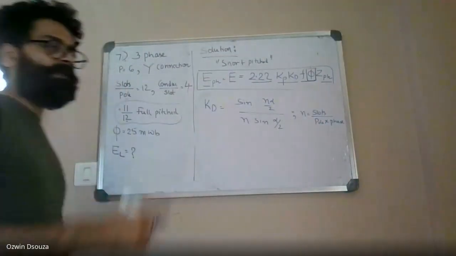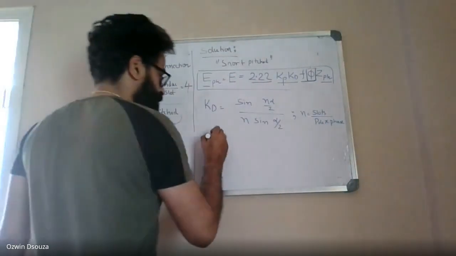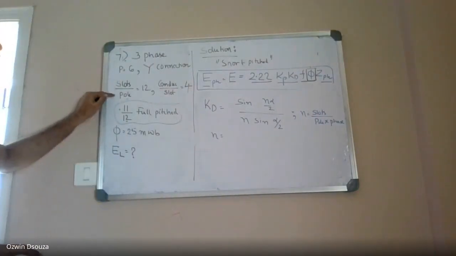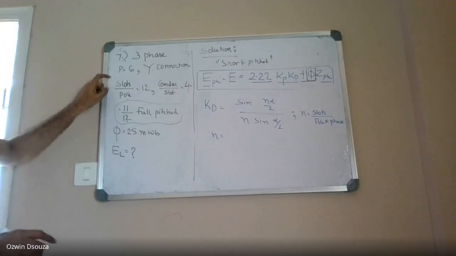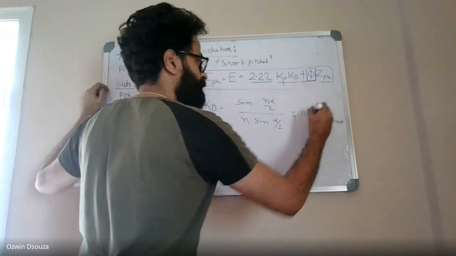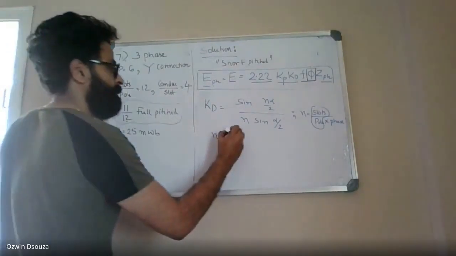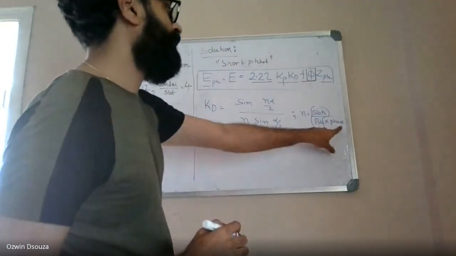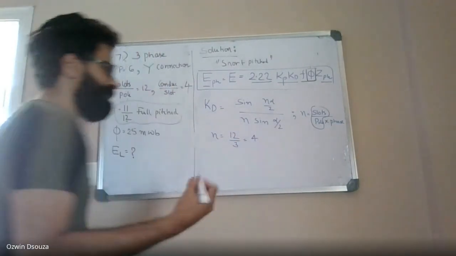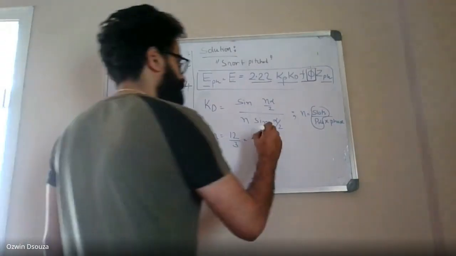Slots per pole is given as 12, divided by phase, it's a 3-phase machine, divided by 3. So n is equal to 4.